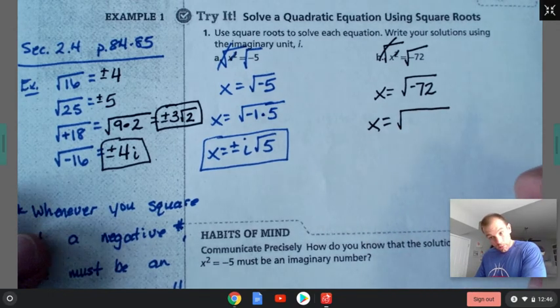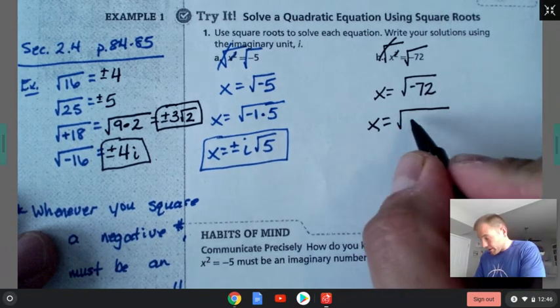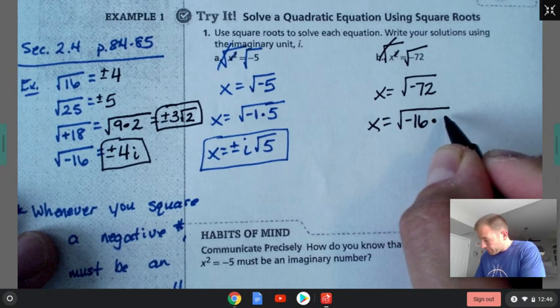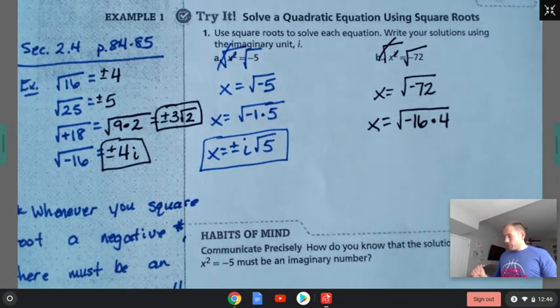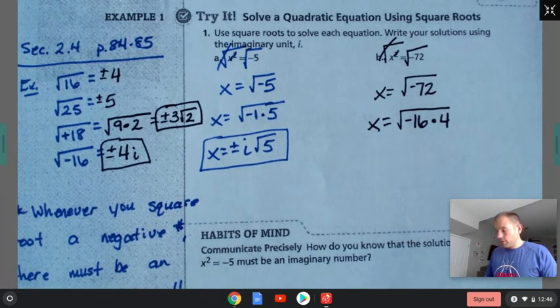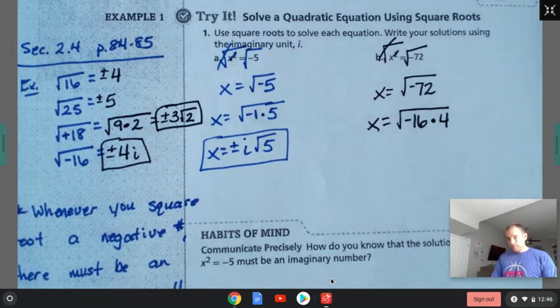I will help you all out. 72 is the same thing as negative 16 times 4. Okay?